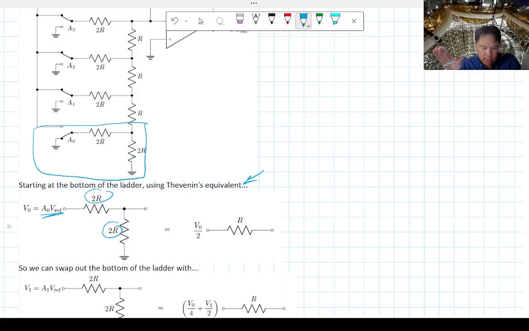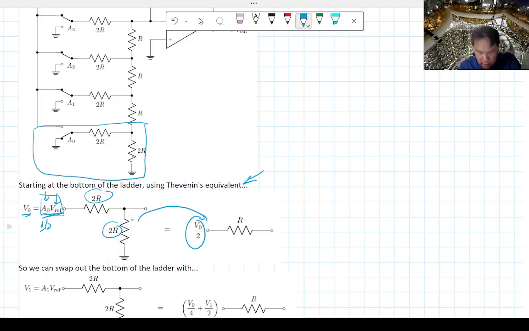So basically, the input here is whatever A naught, which is the bit either 1 or 0, times the reference voltage, for example, 5 volts. What happened here is you have a voltage divider. The Thevenin's equivalent of that is basically half the input voltage.